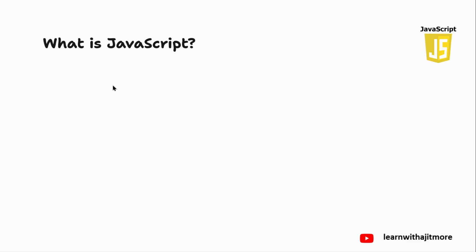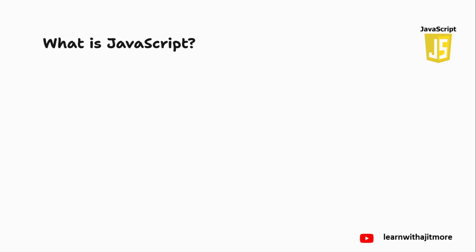So you can say JavaScript is an interpreted, high level, dynamically typed, loosely typed, multi paradigm, general purpose programming language. Now, all these terminologies, one by one, I'll tell you, don't worry. Each and every terminology, in short, I'll explain.